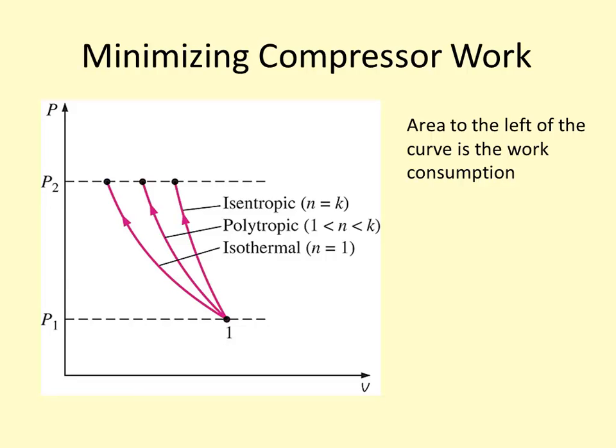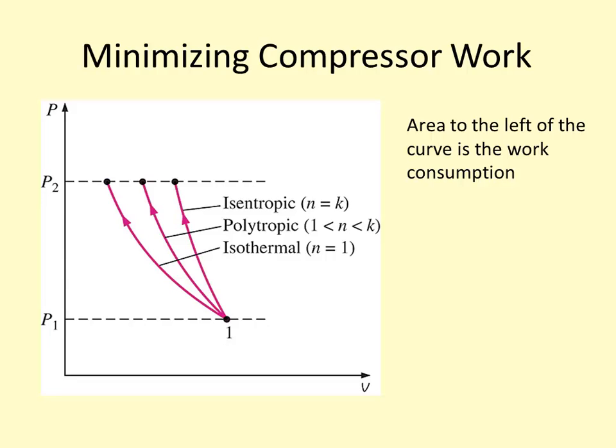And if you look on the PV diagram, prior to now, when we've been looking at the PV diagram, its boundary work is equal to P dV, then we said that the area under the curve was the amount of work that either was done or needed to be done during the process.